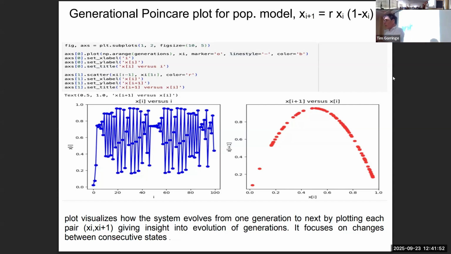In looking at the rabbit or human population versus time, we recorded the population each generation.